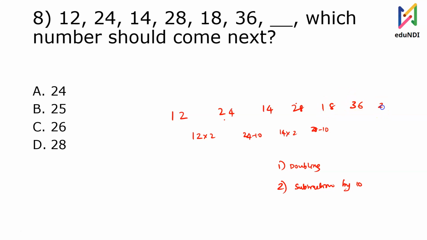Subtraction by 10. 26. And this will get doubled. So it becomes 52. So the answer is, you guessed it right. Clear? So this is how you go about solving this.